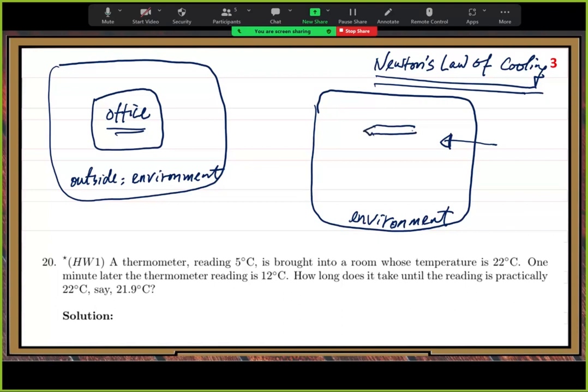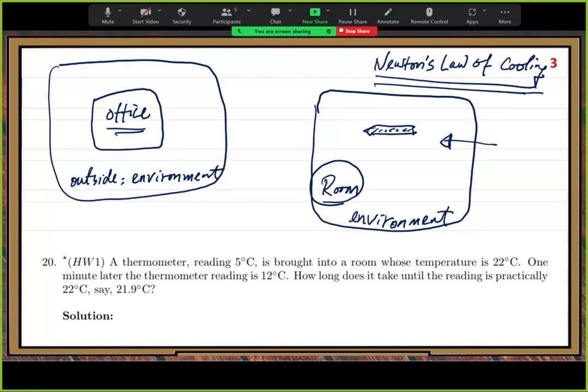So this is the thermometer, an object, and we bring it from outside into the room. So this is the room. Now, based on your understanding, what is the environment? Can we treat the thermometer as the environment? The thermometer is one little object.